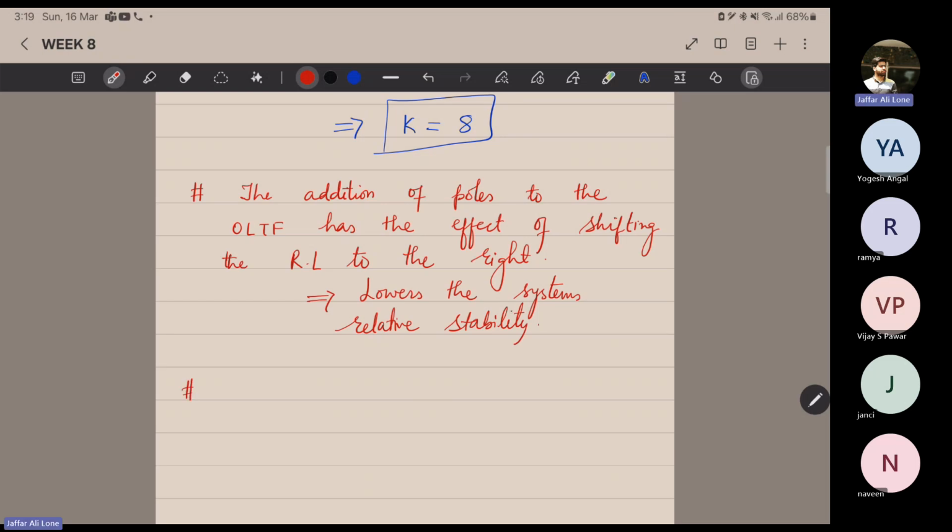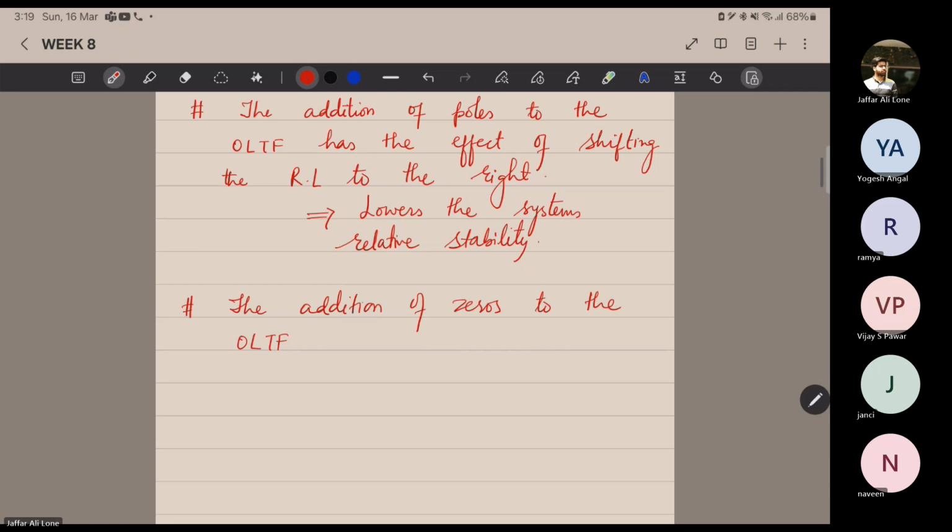Similarly, the addition of zeros to the OLTF has the effect of shifting the root locus to the left.